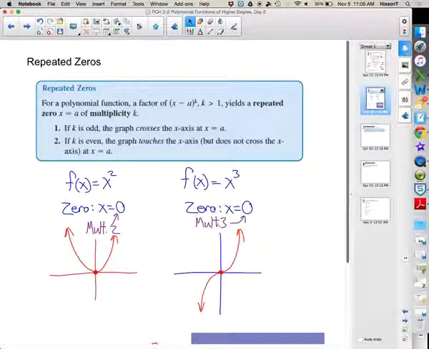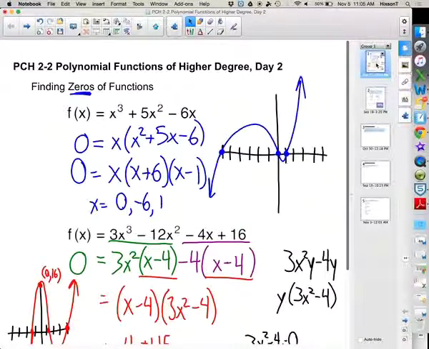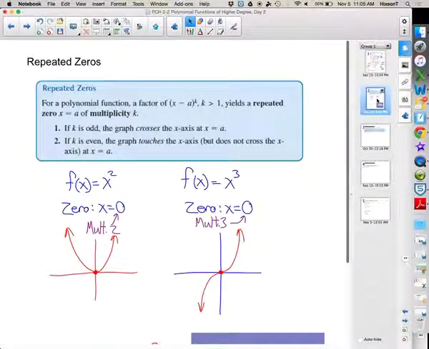Alright, so notice the difference. Here when I had single roots, I went straight through the point. When I have a double root or a multiplicity of 2, I come down and touch the point and then go back.